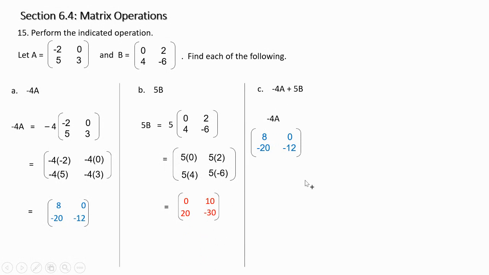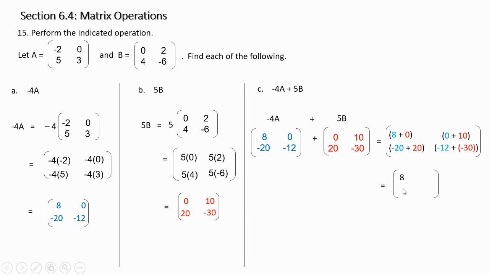So negative 4a plus 5b will give us 8 plus 0, 0 plus 10, negative 20 plus 20, negative 12 plus negative 30. So 8 plus 0 will give us 8, 0 plus 10 will give us 10, negative 20 plus 20 will give us a 0, and negative 12 plus negative 30 will give us a negative 42. So that's my result of negative 4a plus 5b.